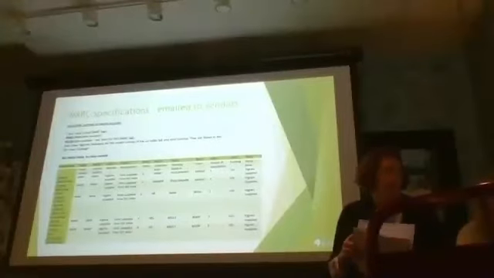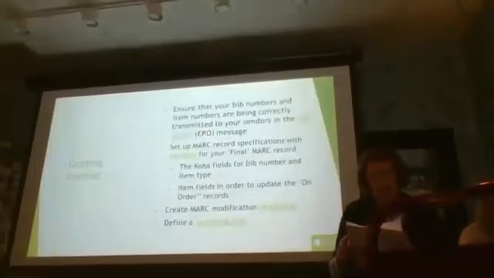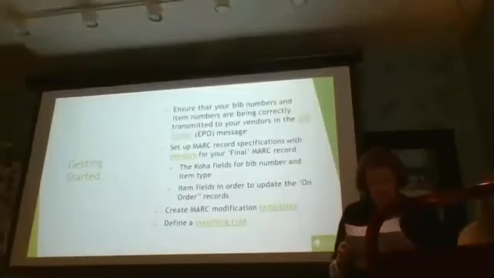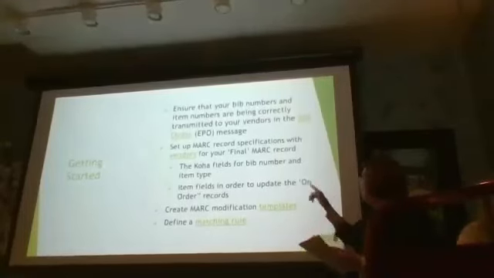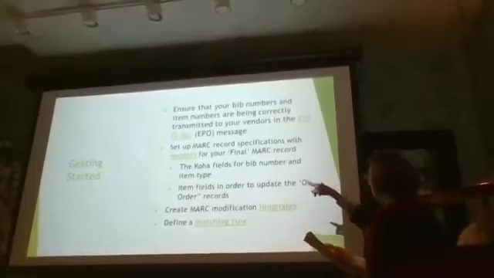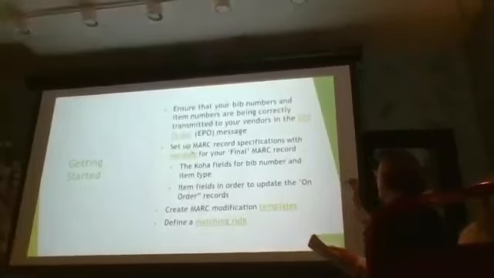The other thing that you're going to need to do is set up your record specification with your vendors so that your Koha fields are updated. You've got the bib number in it, the item number.